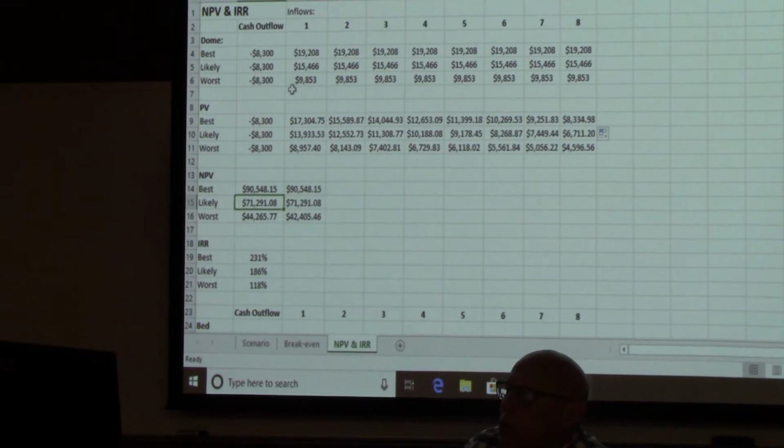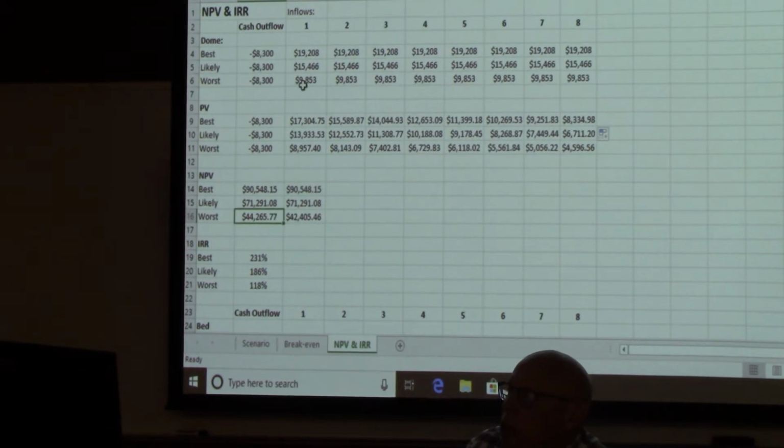Then we can do the same thing for the likely case. We find the present value of the likely cash inflows, add up the sum of C10 through J10, and subtract out the 8,300. The same number comes up when I use the Excel function.